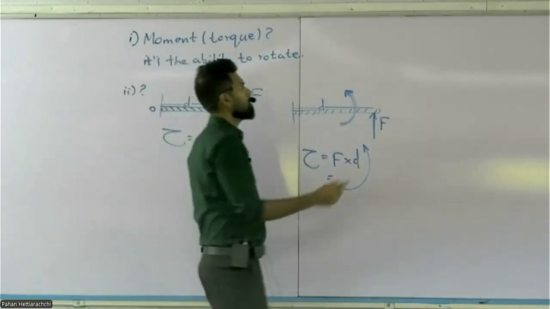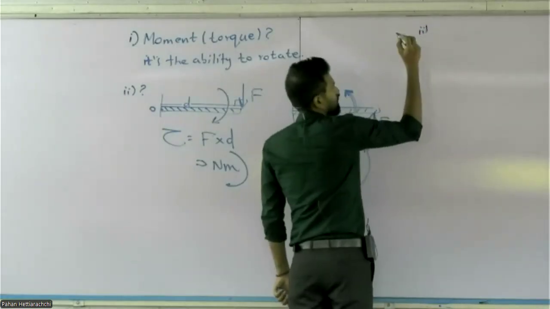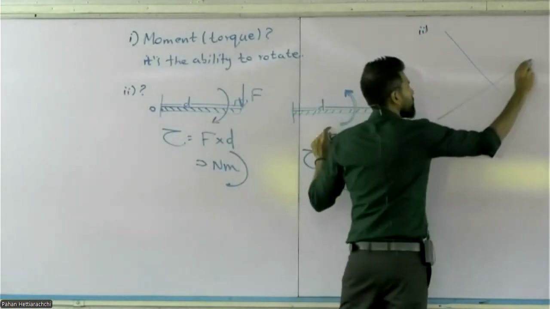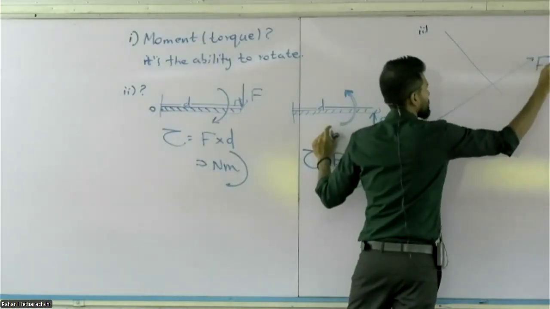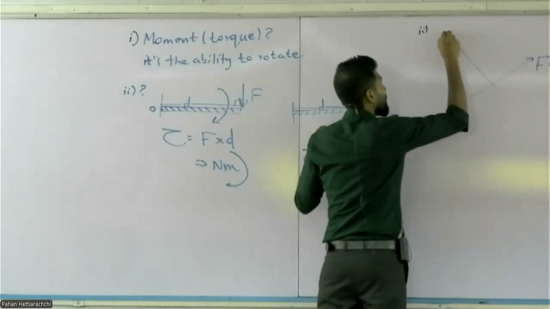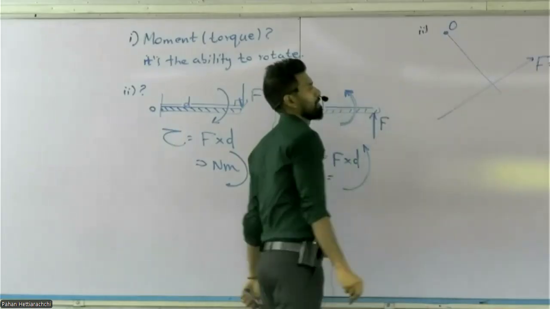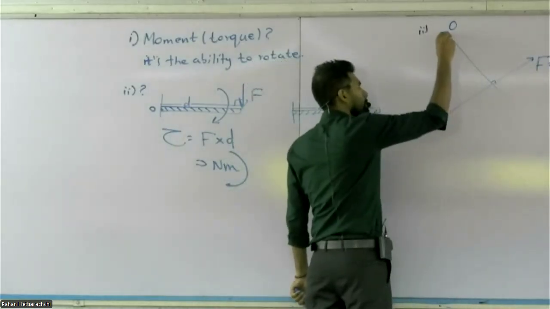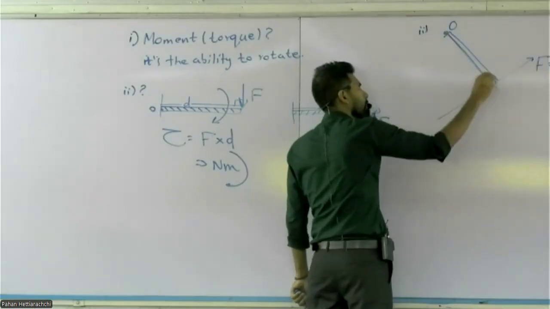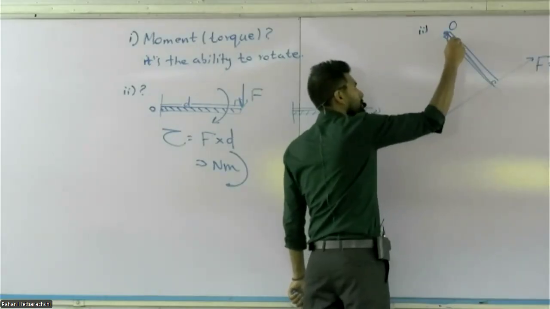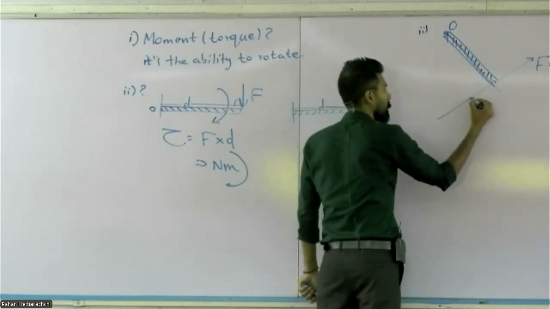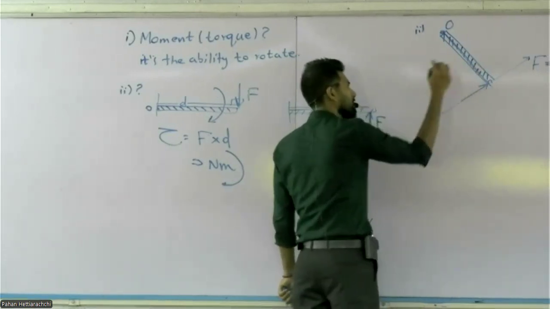Now, when we come to questions, they will not give you an object. They will give just the force, let's say 5 newtons, and the point O about which you have to consider the moment. In such a case, keep a hypothetical object along the perpendicular and apply that force physically and check what happens.